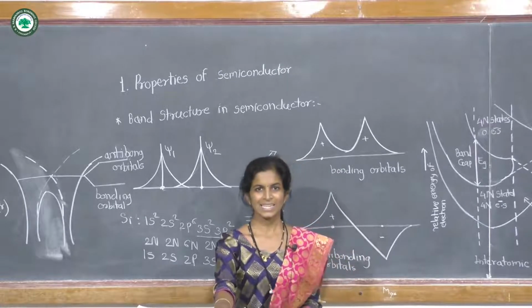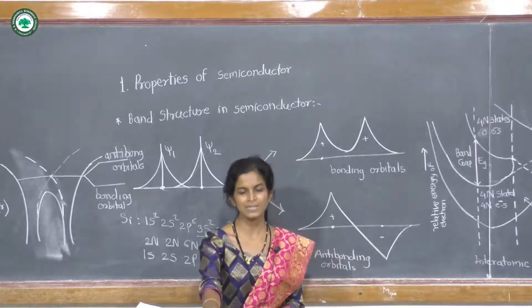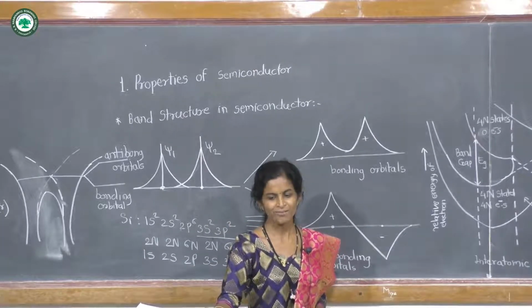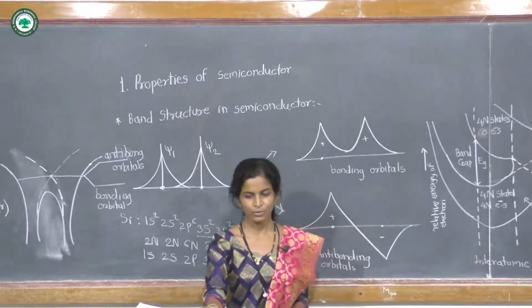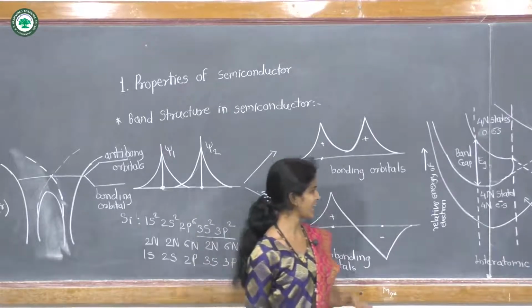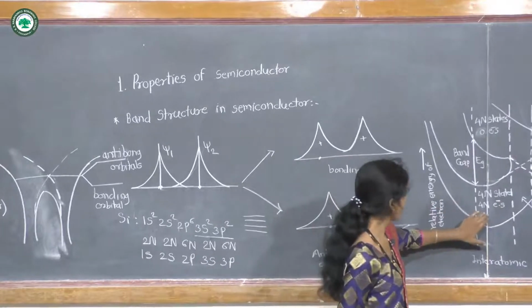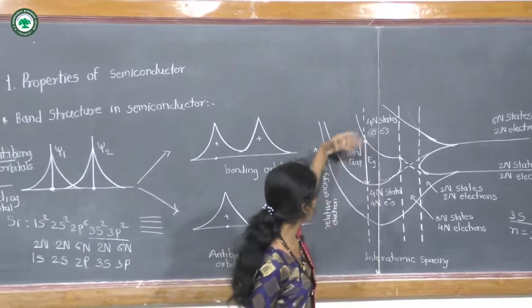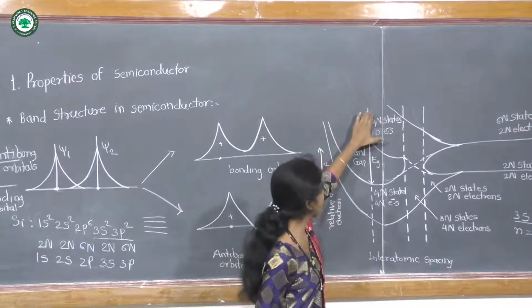So in the silicon crystal, there are exactly 4n states available in the valence band and 4n electrons in this valence band. This lower lying band is the valence band and the upper band is the conduction band.